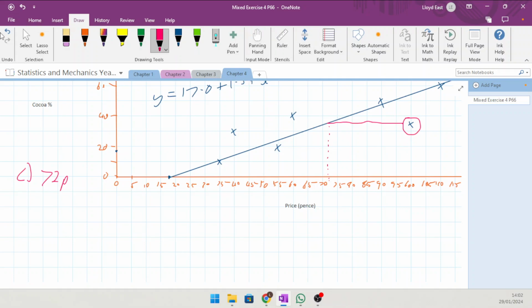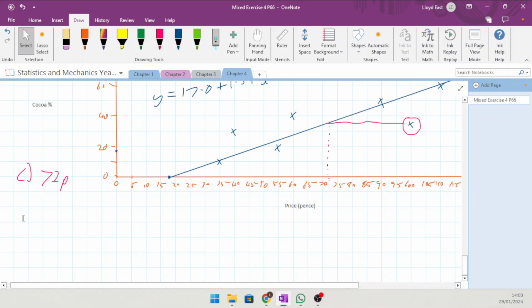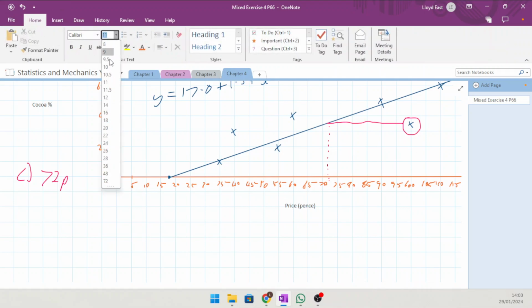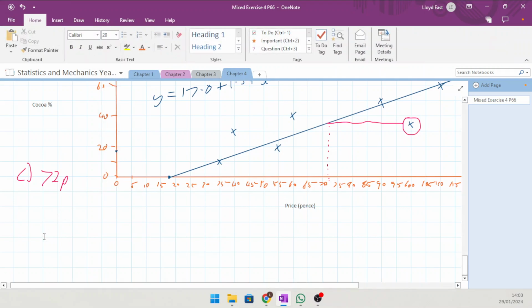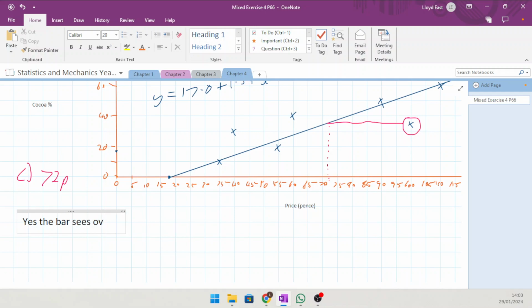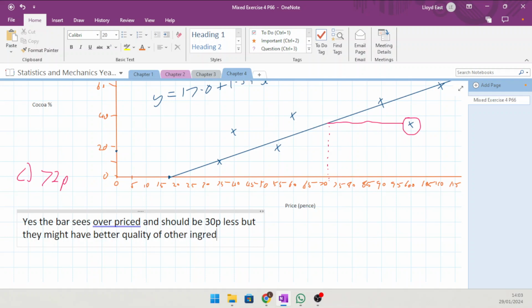So, yes, the bar seems overpriced and should be 30 pence less, but they might have better quality of other ingredients, thus the higher price.